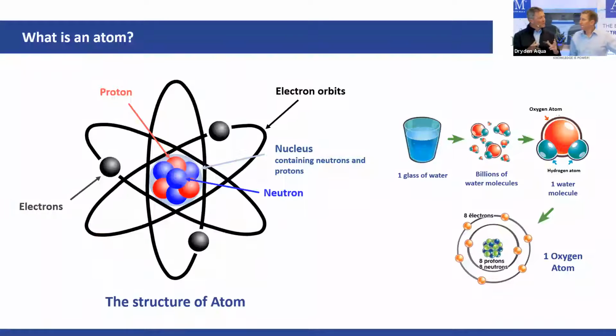You call them shells. Yes, shells. For example, water consists of billions of H2O molecules, so 2 hydrogen atoms and an oxygen atom. The oxygen atom has 8 protons, 8 neutrons, and a total of 8 electrons on 2 shells. That's just to explain what an atom is and how it works.